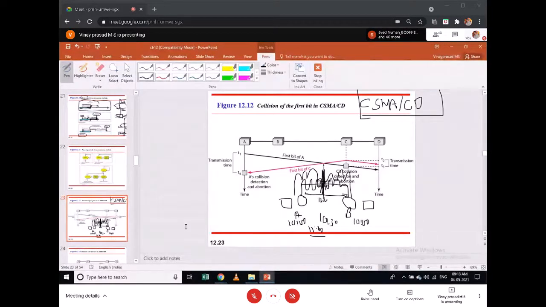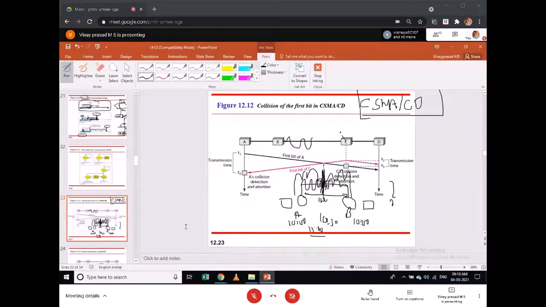That means they will receive the collided signal. How would station A and station B come to know their own data is involved in the collision? That is the question here. Because if you take this example, while station A and station B are transmitting data, probably station B and station C would also send their data.